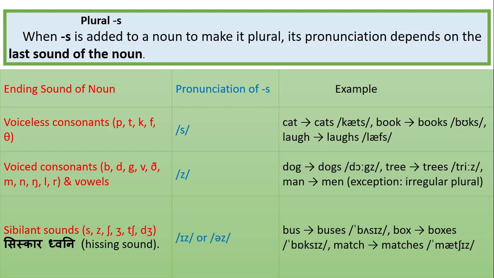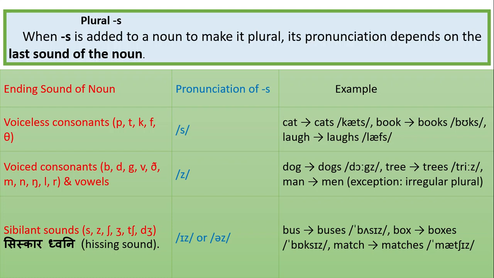While you say pa, there is no vibration, but while you say ba, there is a vibration. So the sound we produce when those two tissues join together causes vibration, and that is called voiced sound.